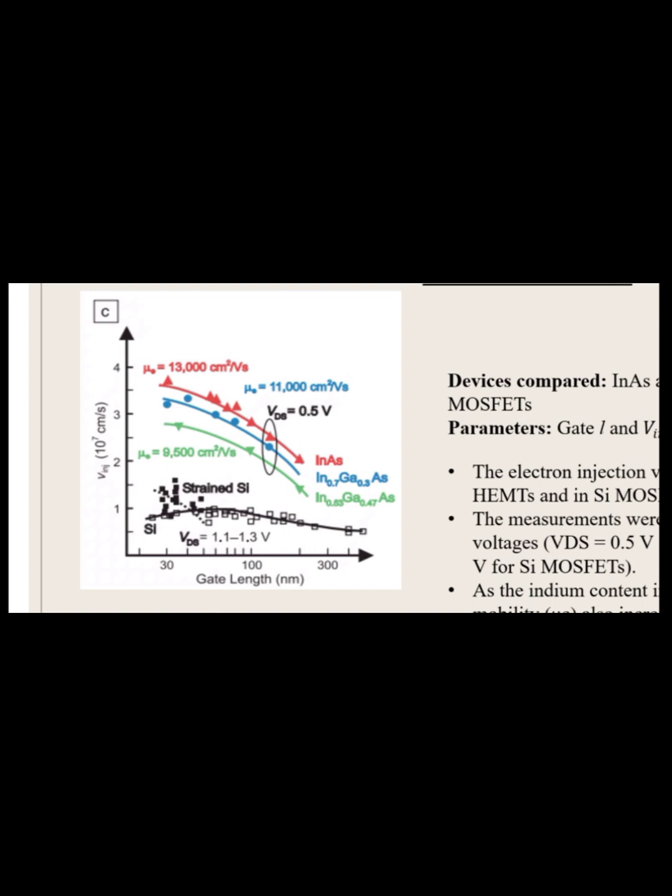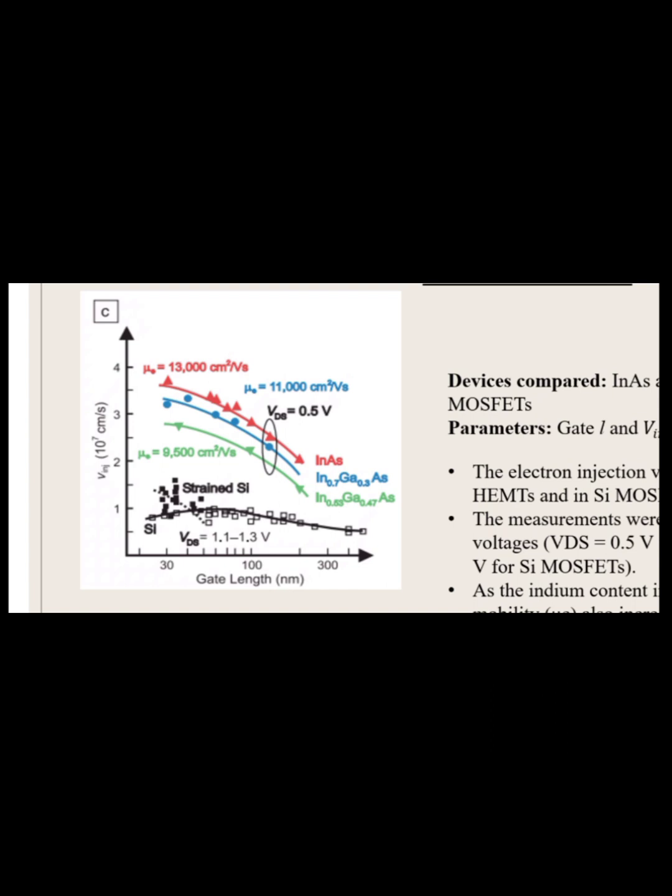The measurements were taken at specific source drain voltages, where VDS is equal to 0.5 V for III-V devices and VDS is equal to 1.1 to 1.3 V for silicon MOSFETs.